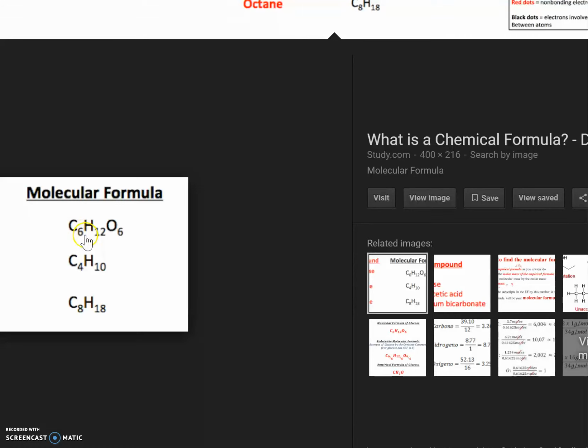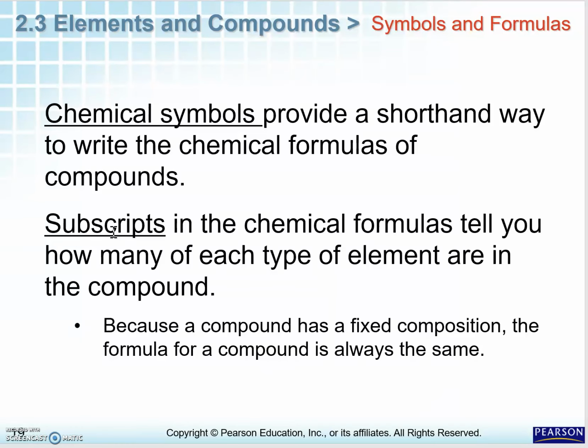So there are 6 carbons, 12 hydrogens, and 6 oxygens. And this applies to writing any formula throughout the remainder of this class.